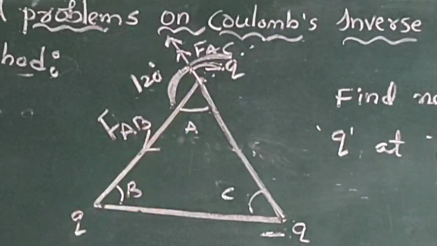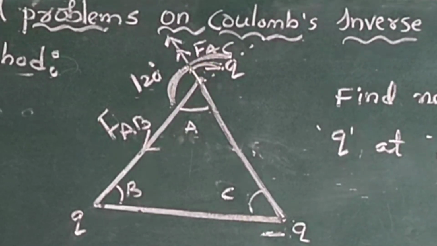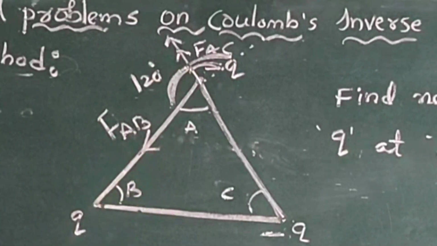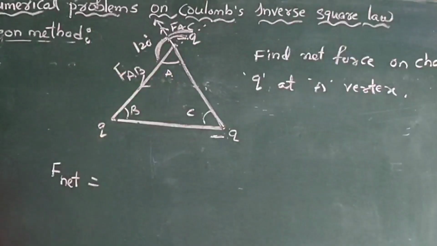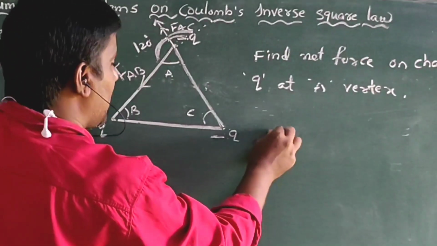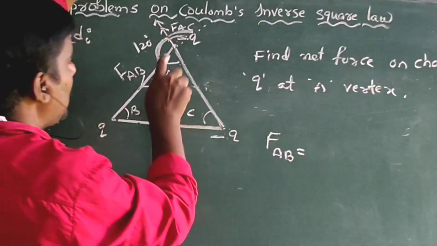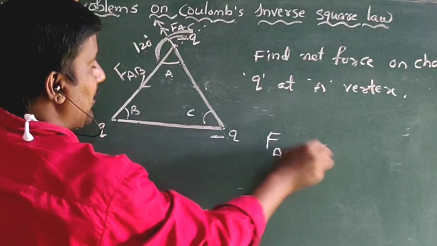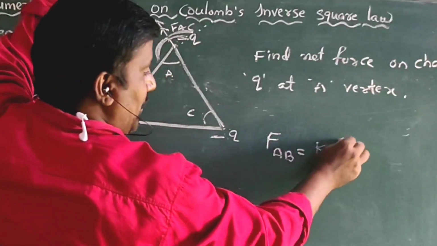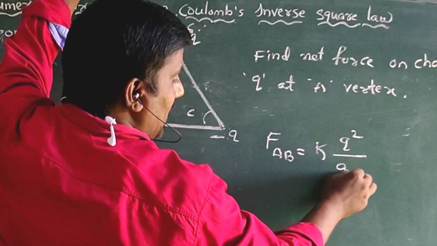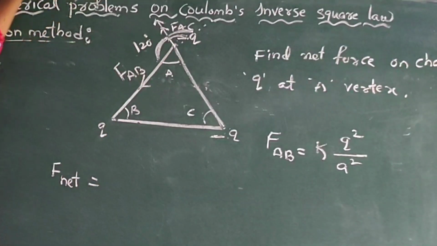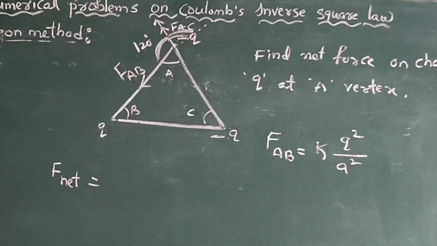Therefore, the net force on charge A, F net, is the resultant force of FAB and FAC. Here FAB is equal to K into Q1 into Q2, that is Q square by the side length of the equilateral triangle A square, so KQ square by A square.